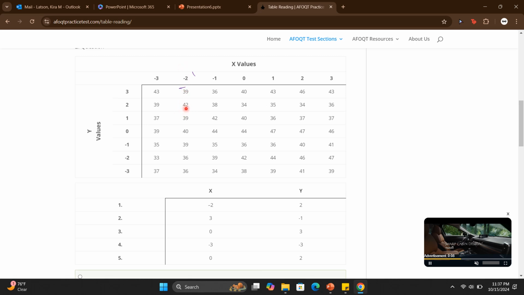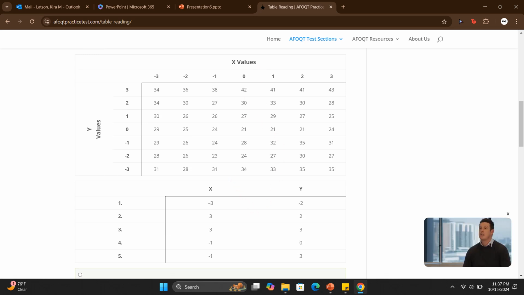-2 to +2, so the answer is going to be 42. The second question is 3, -1: you go to 3, drop all the way down to -1, answer is 41. 0, 3 is right here, 40. -3, 3: go down to -3, 37. 0, 2: go to 0 and then go to 2, which is 34, and that's pretty much how you find that one.